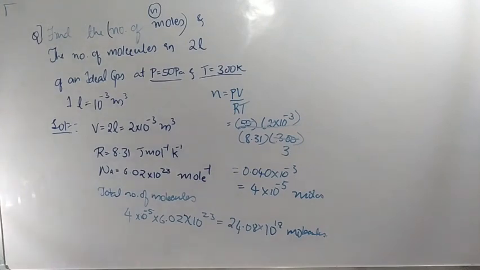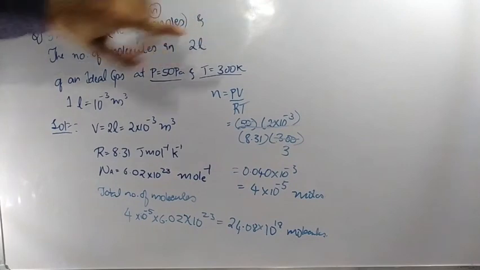I hope you are understanding the numericals. Please practice the numericals correctly and thoroughly. In this question, they are asking how many moles and how many molecules are in this much volume.